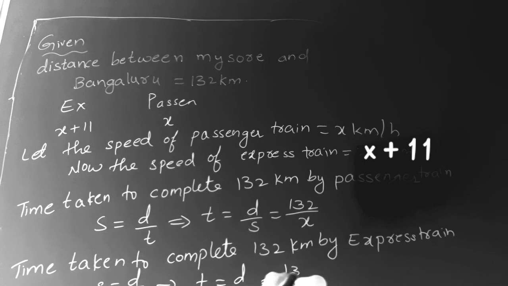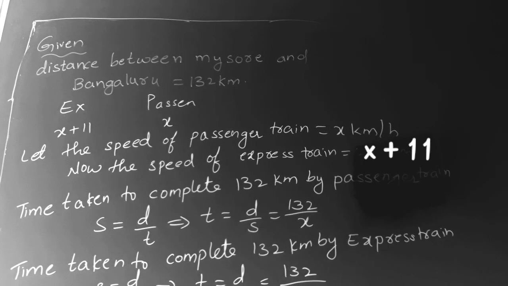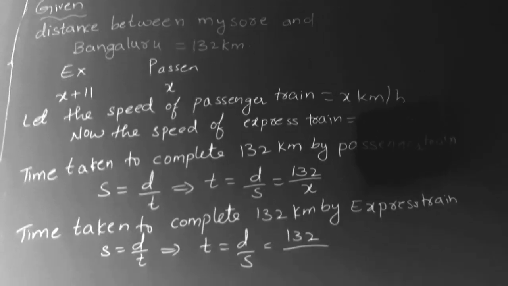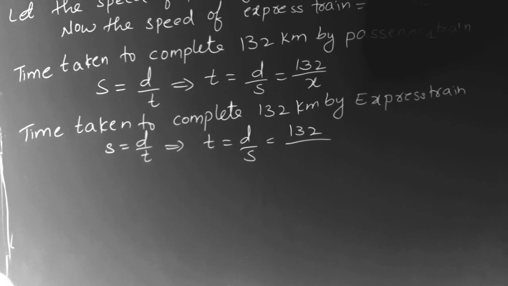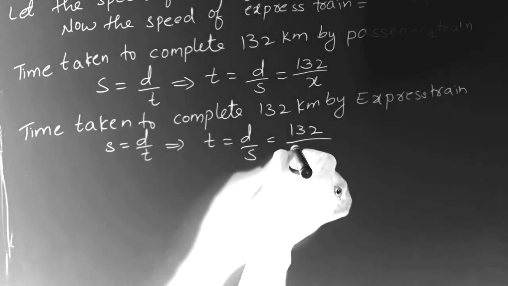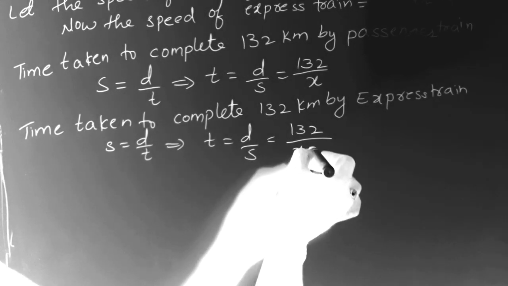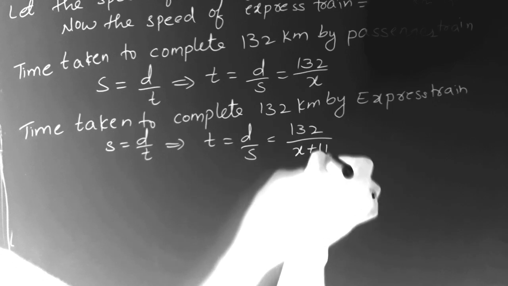Here the distance is 132 kilometers and the speed of the express train is x plus 11 kilometers per hour.